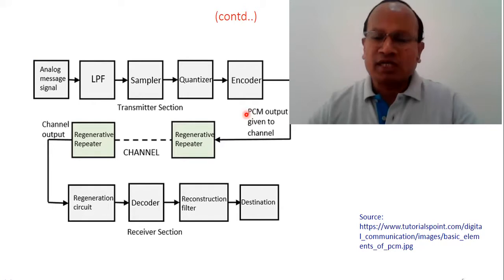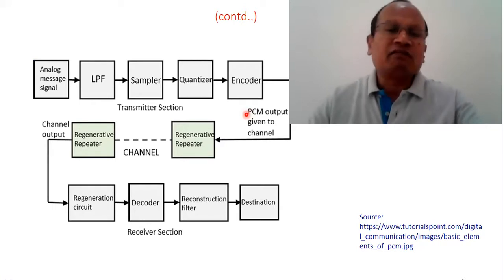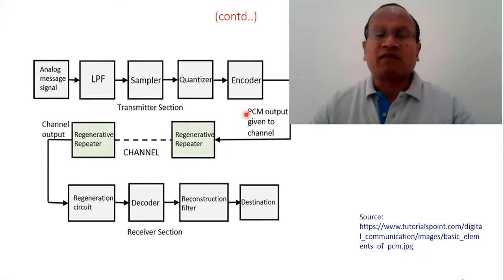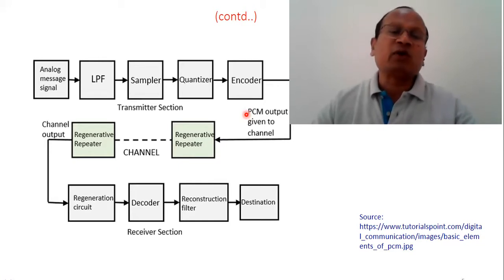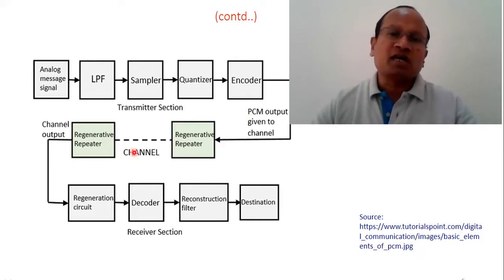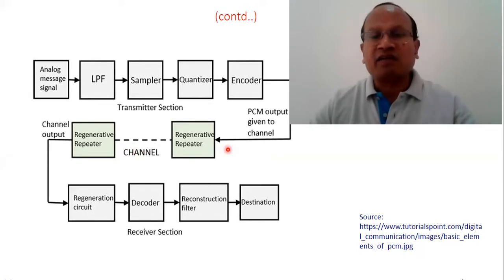But we also know that during transmission via the channel, interference, loss of signal, and many other factors degrade the signal quality, that is, cause signal information loss. Therefore, in between there are a number of regenerative repeaters, used to boost up and recover the signal loss which occurs due to the channel.